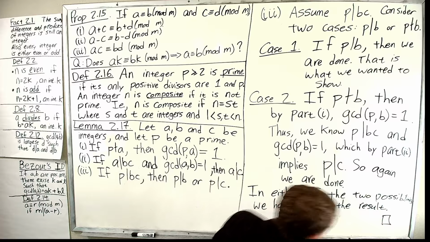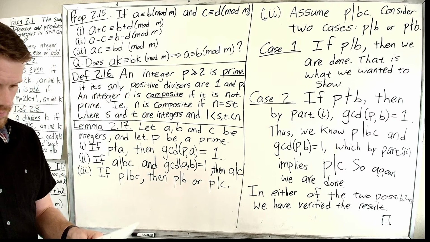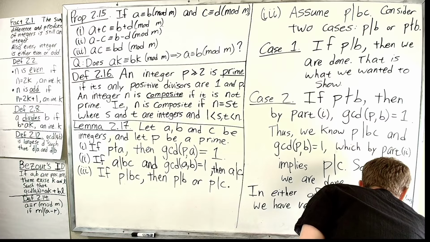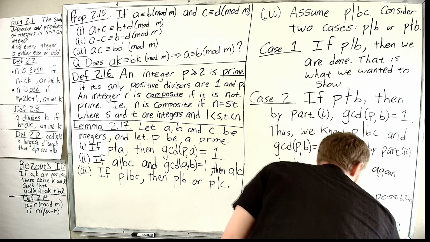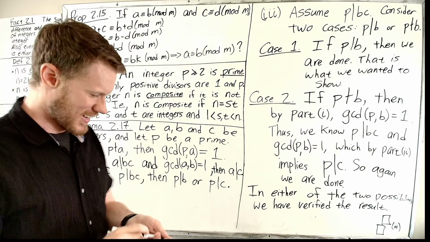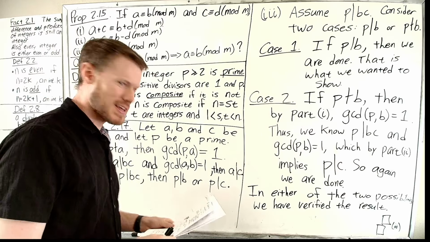So that's the end of part 3. Part 3 is done, and therefore the entire proof is done. That's just a me thing. You won't see that in any other books.